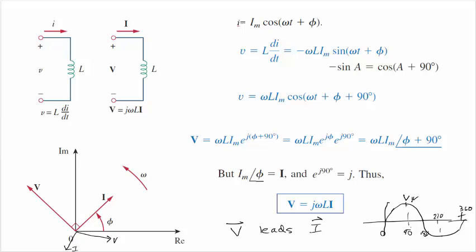So this is V in the inductor right here, and V leads I, but you would see that I in the inductor in time would be doing something like this instead. This would be I in the inductor. Can't draw it very well. But the one that crosses 0 first is V, and I crosses 0 90 degrees later. So when V in the inductor is at 0, I is at a maximum.